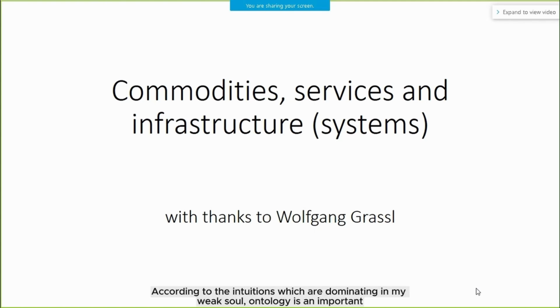According to the intuitions which are dominating in my weak soul, ontology is an important contribution to mitigating a certain kind of failure, namely the failure I described with the Airbus wiring problem. So to the extent that those kinds of incompatibilities of terminology and of database design are contributing to larger systems failures, then ontology can help.